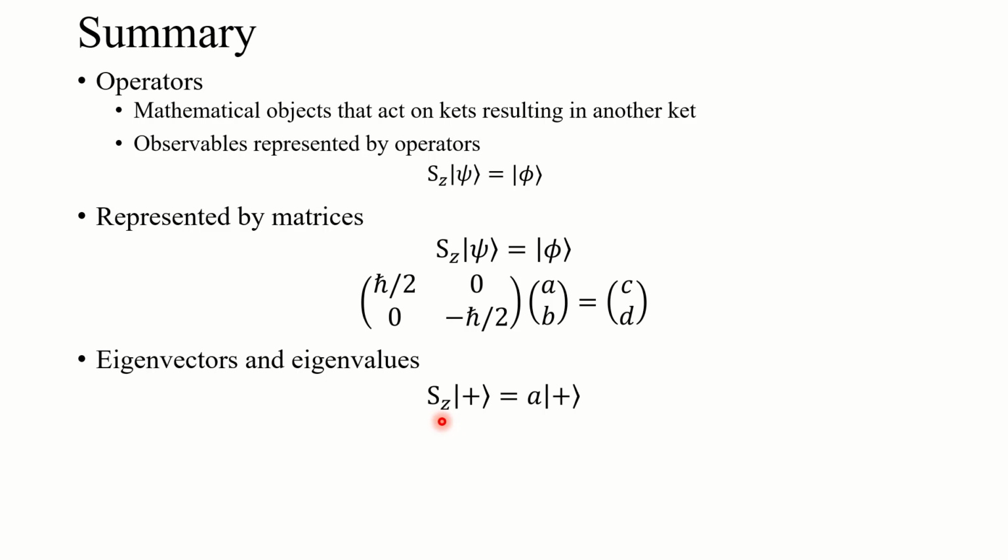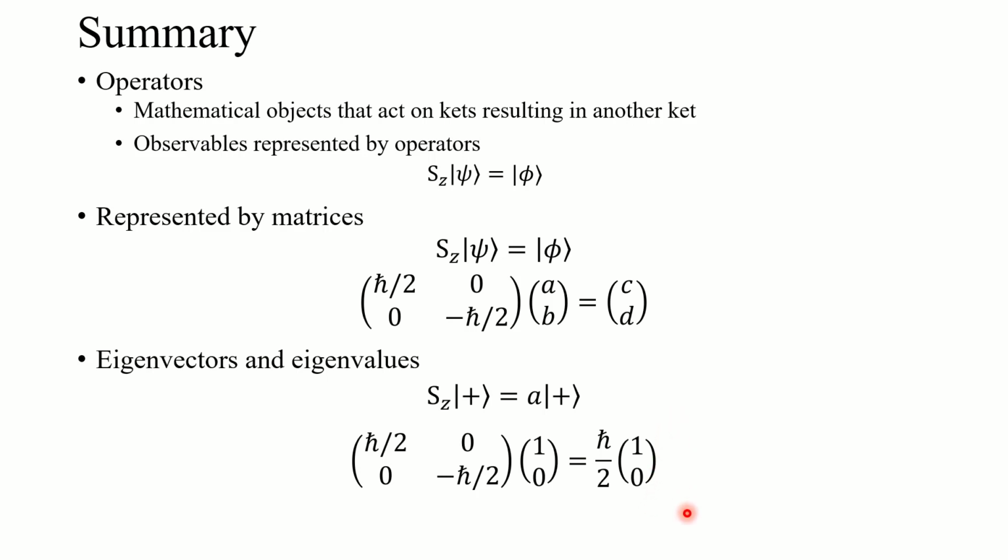So in this case, S sub z acting on our spin up state produces our spin up state times some constant, which was h bar over 2 for this case. And in matrix notation, that looks like this. The S sub z operator, that 2 by 2 matrix, operating on the unit vector that is the spin up state, equals h bar over 2, just a constant, times that spin up state.